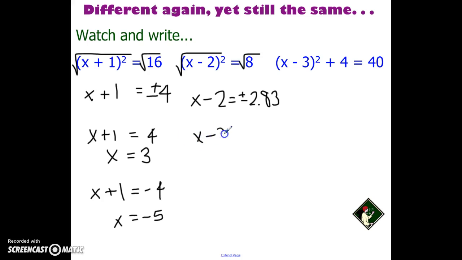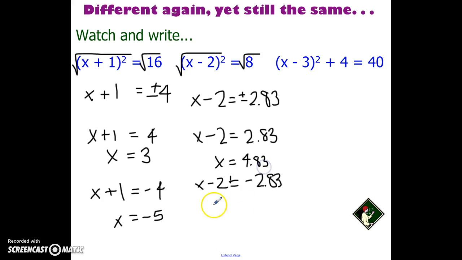I have x minus 2 could equal positive 2.83, or x minus 2 could equal negative 2.83. If I add 2 to both sides, I would have x equals 4.83. Or add 2 to this, and I would have x equals negative 0.83.